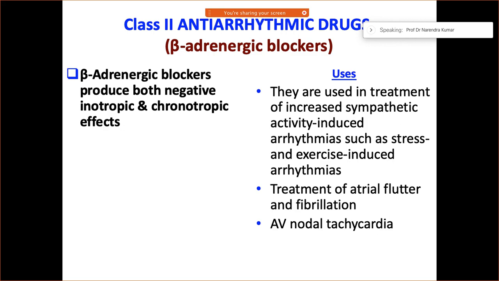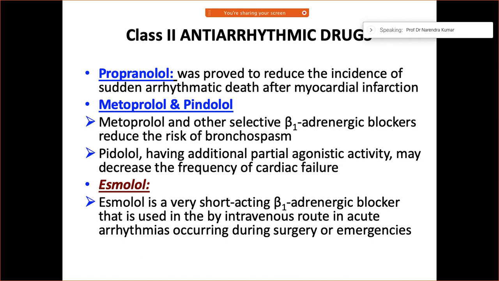Some of the examples of beta adrenergic blockers include propranolol, metoprolol, or even pindolol as well. Propranolol, we are aware, has been long-lasting, present since a long time. It has been shown to reduce the incidence of sudden cardiac death even after myocardial infarction.